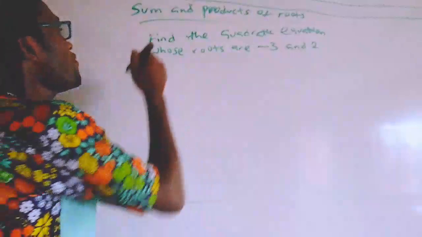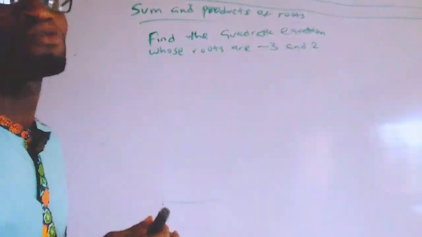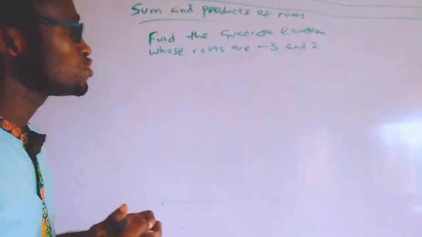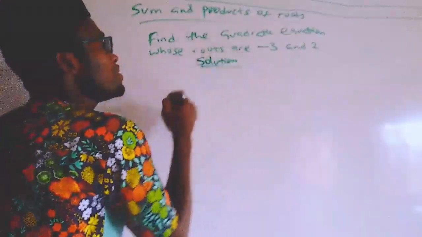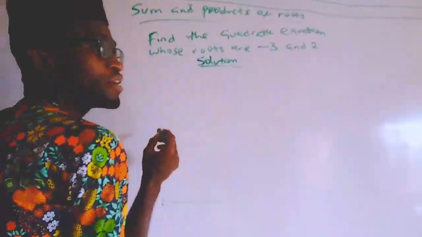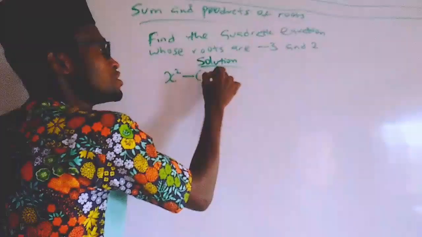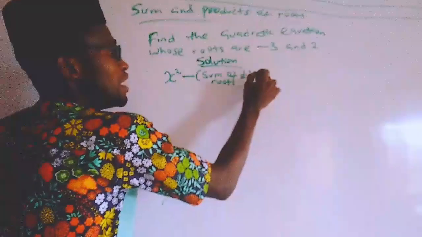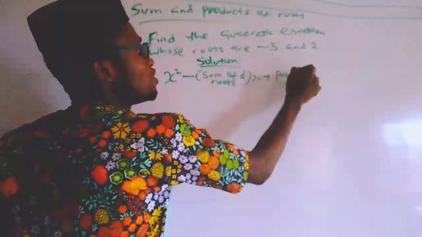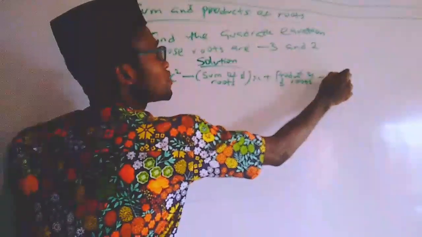So if we want to find the quadratic equation whose roots are -3 and 2, what we just do is the solution. Remember that the general equation is x squared minus the sum of the roots x plus the product of the roots equals 0.